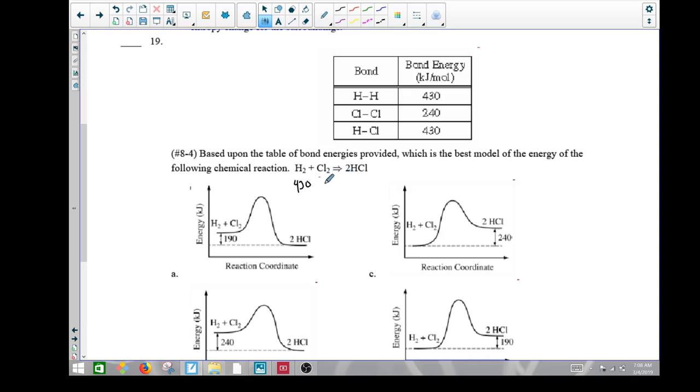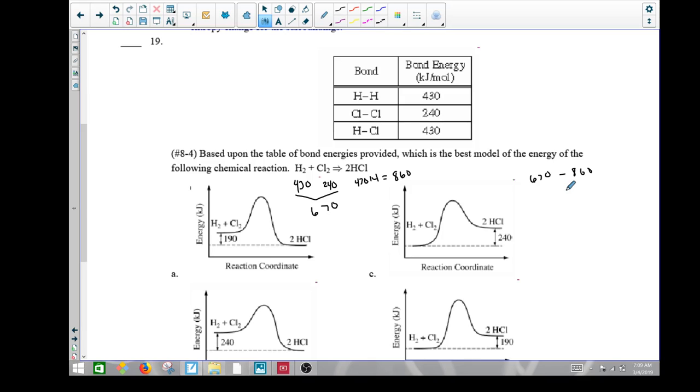All right, this guy is 240, and this is 2 of them, which is going to be 430 times 2, which is going to be 860. Broken minus formed is going to put those together, and 40 at 70 plus 670. Okay, so we have 670 minus 860.